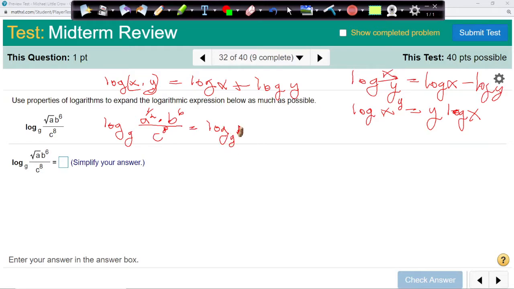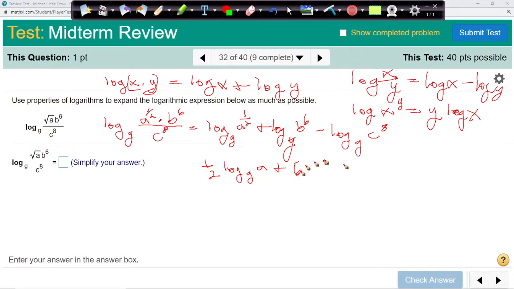Log base g of a to the 1/2 plus log base g of b to the 6th minus log base g of c to the 8th, and then bring down the exponents in front. So you get 1/2 log base g of a plus 6 log base g of b minus 8 log base g of c. And that's all we got to do. We've got it simplified as far as it'll simplify.